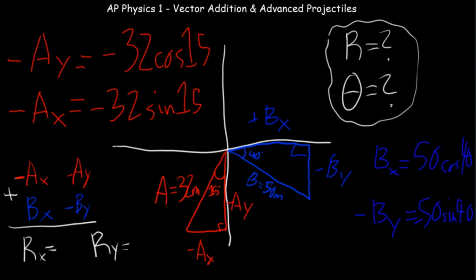I know I'm going to. You don't even need to compute 32 cosine 15 and then add the other value. You can just type in negative 32 sine 15, and then you're going to add that with 50 cosine 40. And then for your resultant x value, you would get 30.